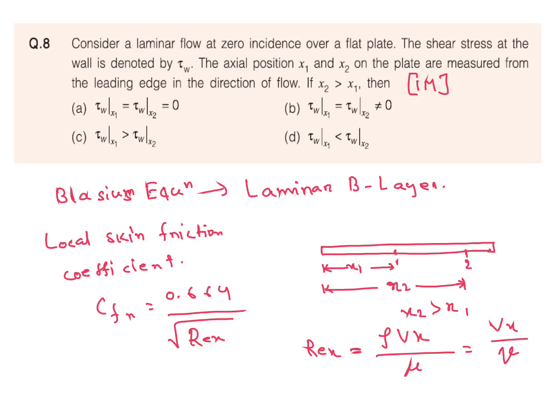So here 0.664 divided by root over Vx divided by kinematic viscosity. This is equation 1. And again the local skin friction coefficient is tau W divided by half rho V square. So this is equation 2.